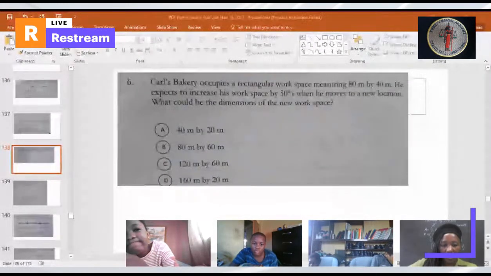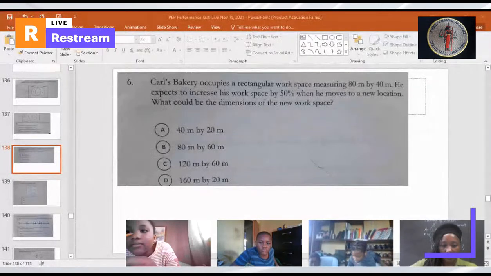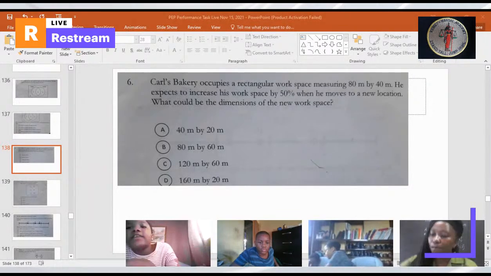Why do you say C? Miss, because for C, the working out is you have to add the 40 to the 80, and 40 is actually half of 80. So you would get 120, then you would find half of 120, and that's 60, and that's what C has.